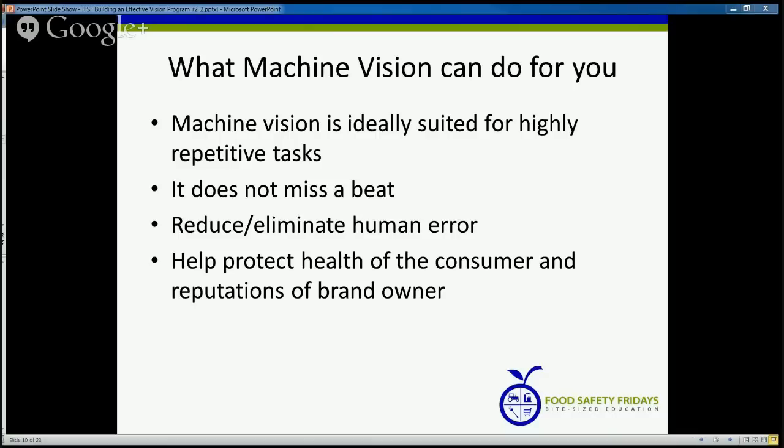So where machine vision really comes in is that it's ideally suited for highly repetitive tasks and being there and doing it again and again and again. This reduces and eliminates human error and helps ultimately protect the health of consumers who use the brands and protect the brand owners themselves.